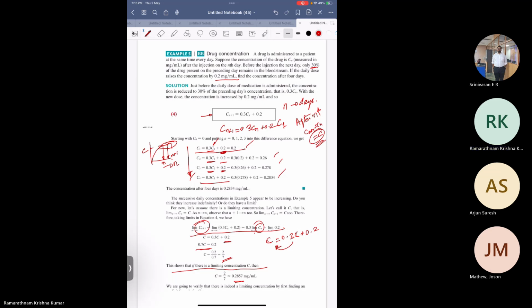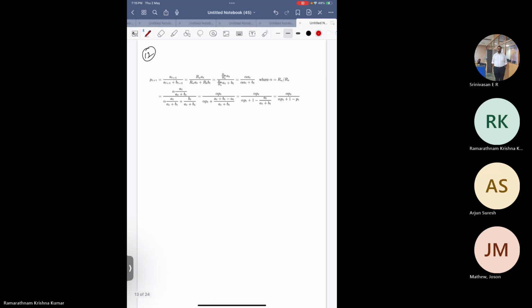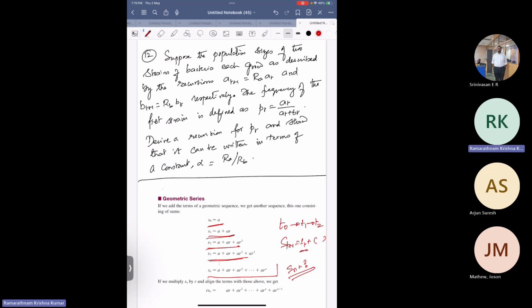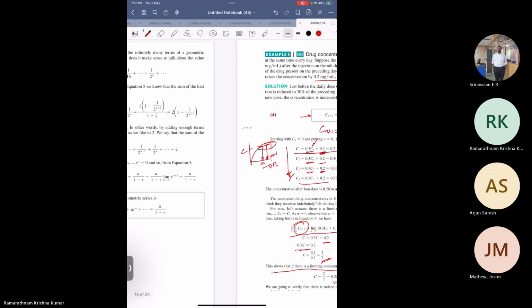So how do I now apply the equation which we learned? What is the equation we learned? Isn't this the equation which we are looking at? This is the type of equation we are looking at, right? Remember this equation.